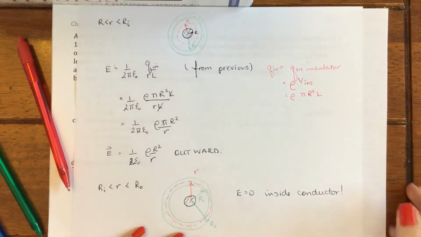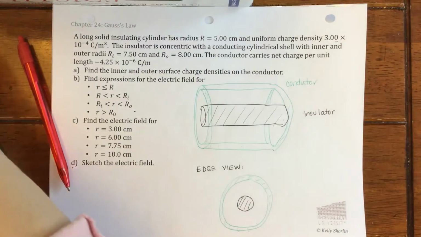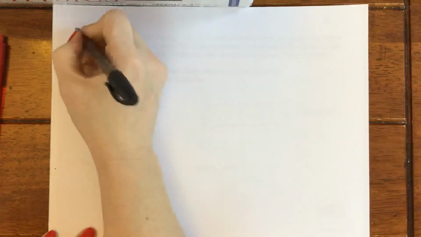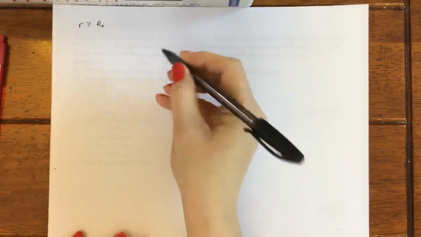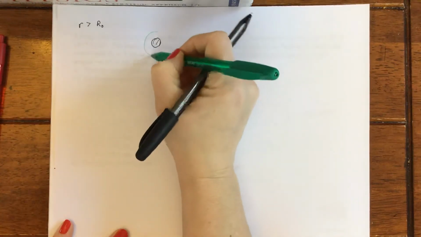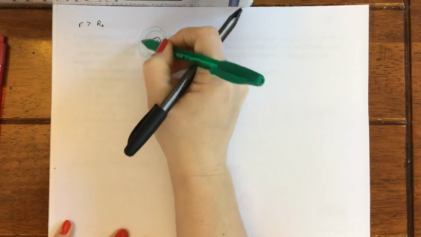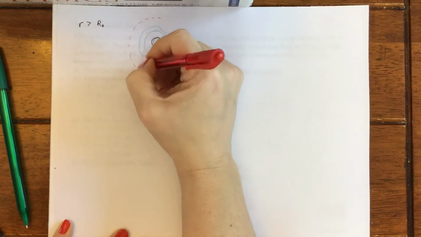And now for the last part, we'll find the electric field outside the whole thing. So let's do one last picture to put in our insulator, our conductor, and our Gaussian surface. So r greater than Ro, outside everything. Here's our insulator, here's our conductor, and our Gaussian surface is a cylinder outside of everything.